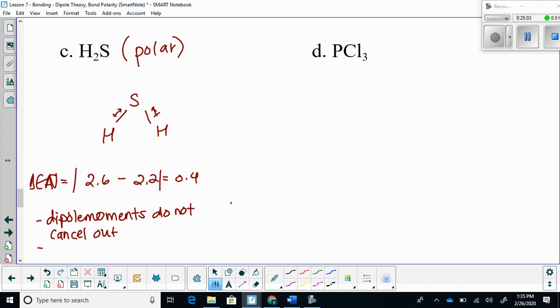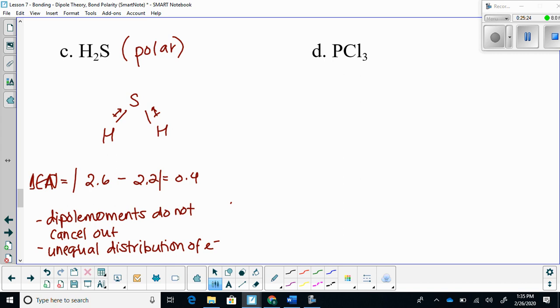Therefore, there is an uneven distribution of electrons, not an equal distribution of electrons. And this is where we see a shift in electrons.